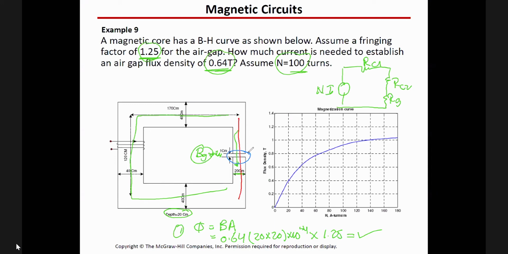So we already have the flux. We need to find the current.